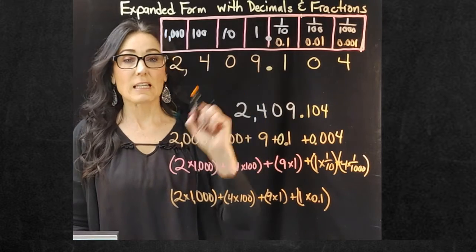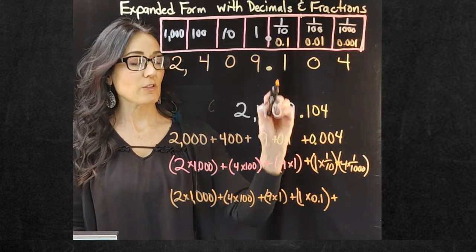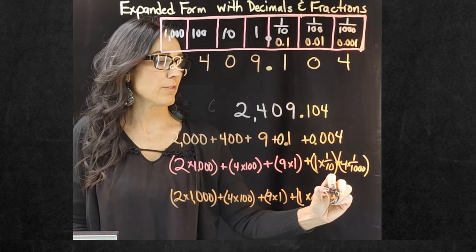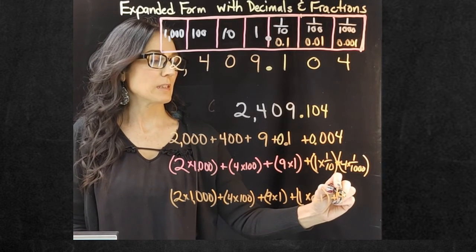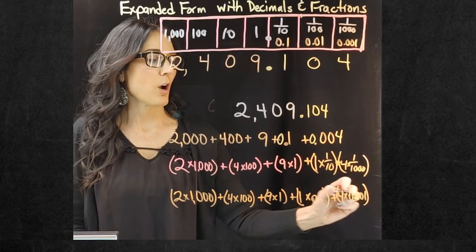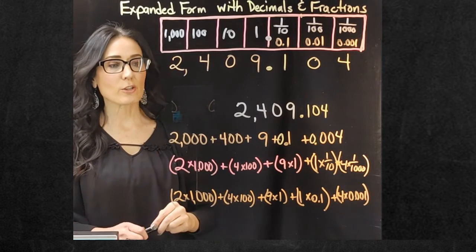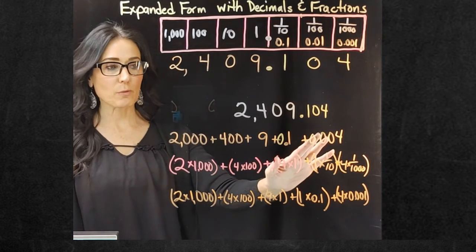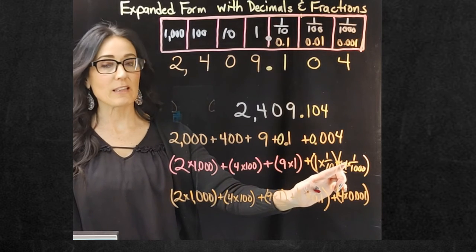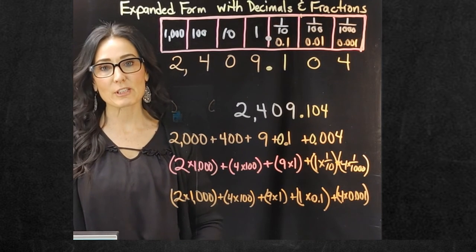So we're going to use the decimal for this one. And then for the last one, we have no hundredths, so we would use thousandths. We'd say 4. Since we have 4, we'd say times 0.001, or times 1/1,000. So that shows you how you can take a number, write it in expanded form, showing the powers of 10 using the fractions, or using the decimals showing the powers of 10 as well.